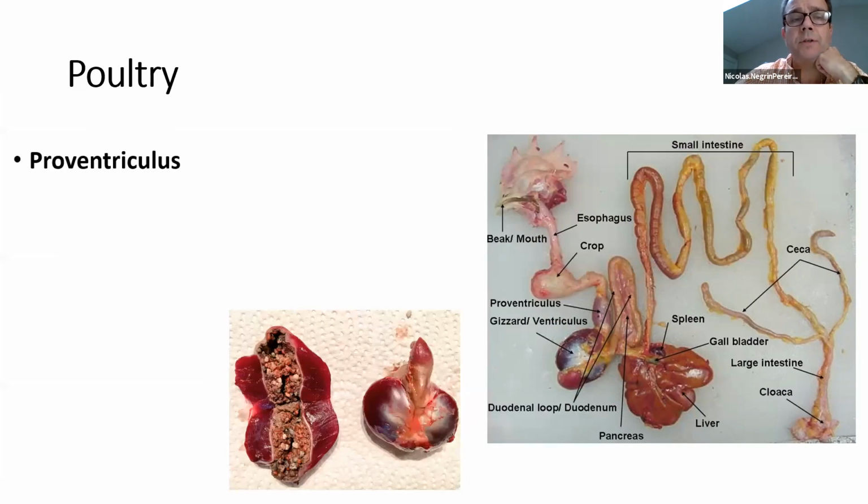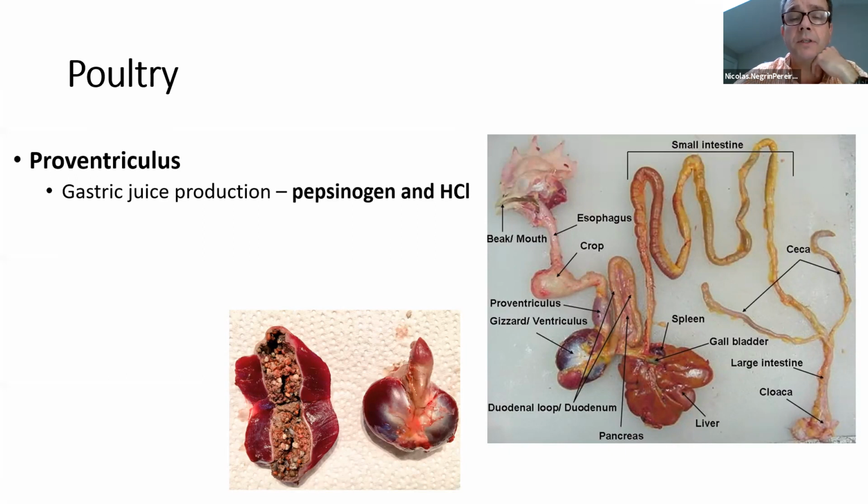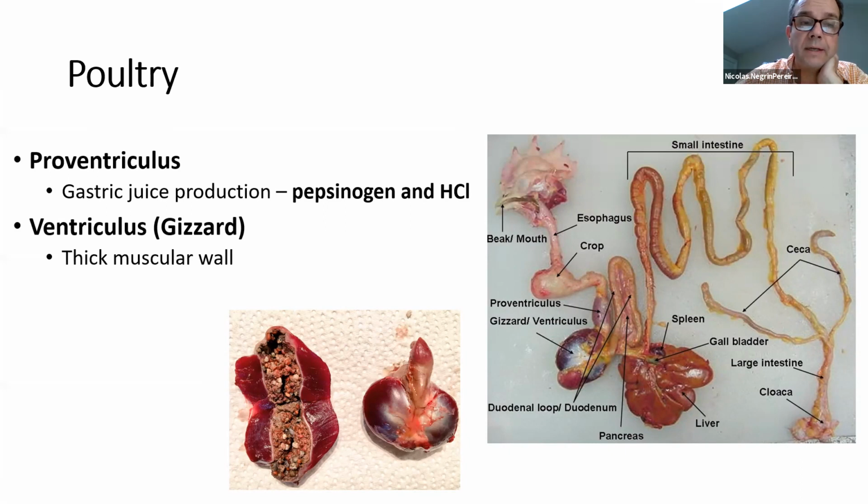Then the proventriculus, or the glandular stomach, is characterized by the production of gastric juice, mainly pepsinogen and hydrochloric acid, like a monogastric, like a pig, for example, and followed by the ventriculus or gizzard, which is characterized by having a thick muscular wall.